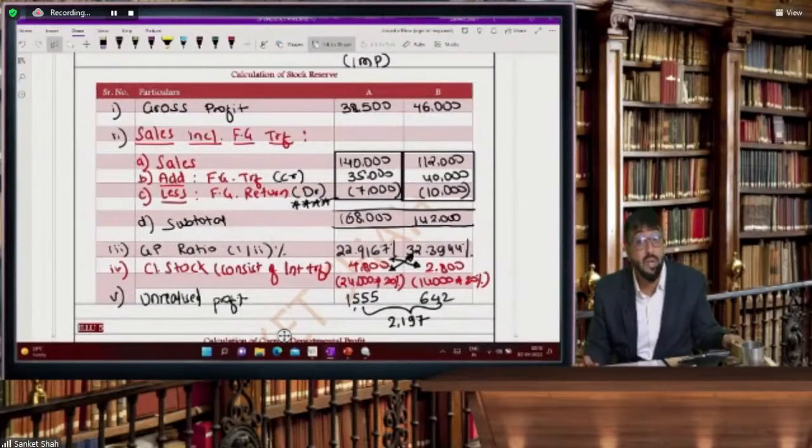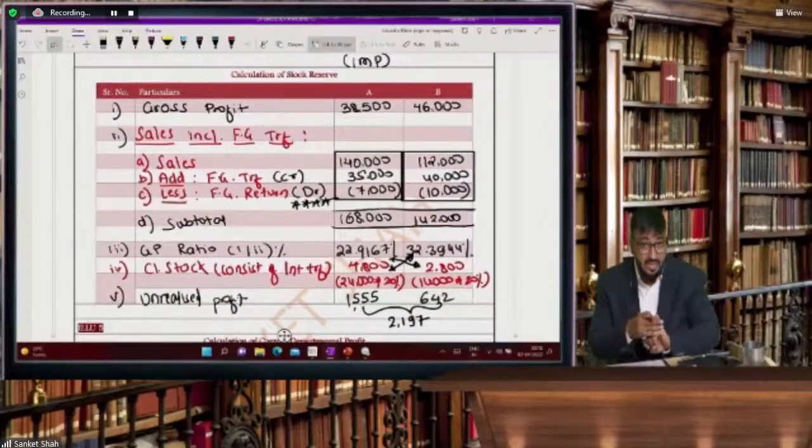Why not purchases? They are transferred at cost, so they do not include any profit. Profit is inclusive because of sales and internal transfer of finished goods.